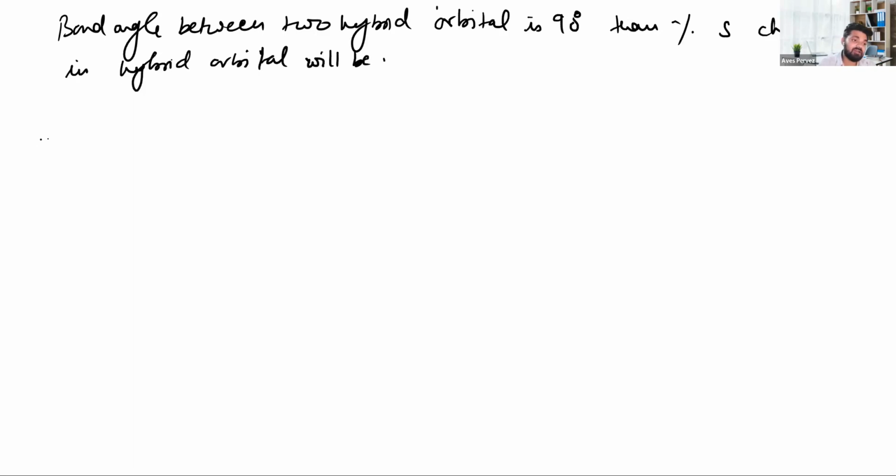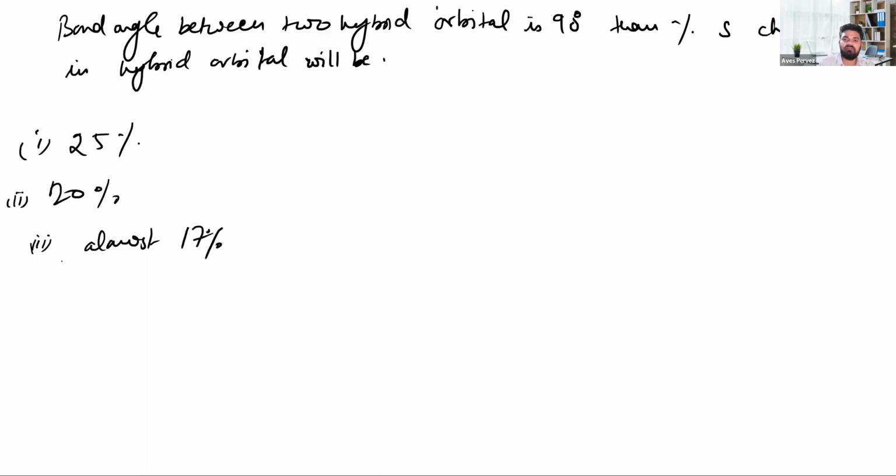So the options are: the first is 25%, the second is 20%, the third is almost 17%, and the fourth is almost 14%. So which structures have a bond angle of 90 degrees?